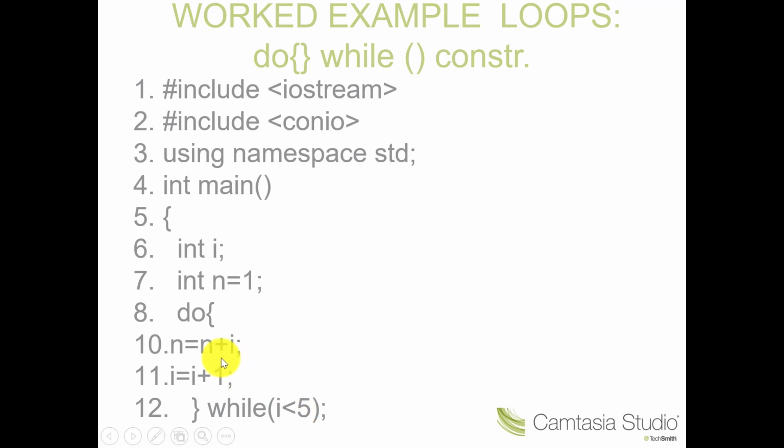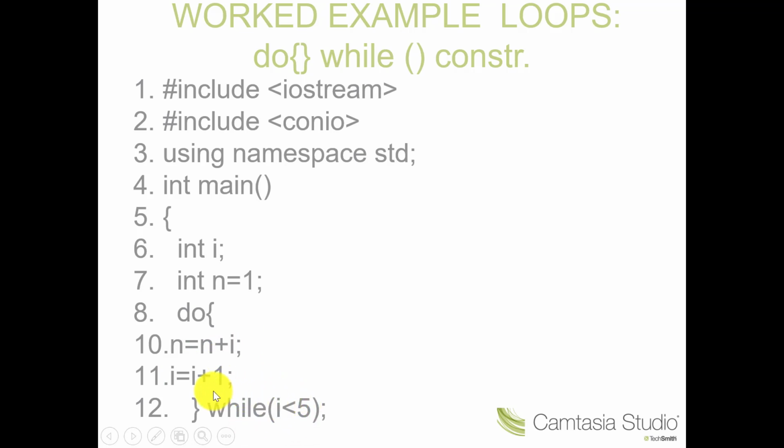Now, the difference between do and while is that the do-while will allow the instructions to be executed at least once before checking the control condition. It will allow repetition to take place before the condition is checked even once.